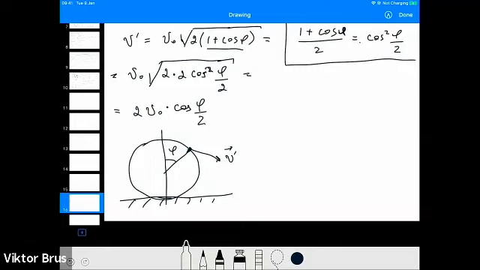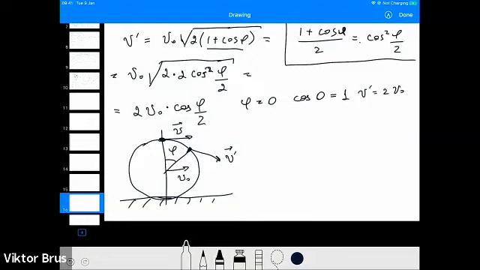If phi is equal to 0, cosinus of 0 gets its maximum value and is equal to unity. This is the case when this point on the wheel is on the top, its linear velocity is added to velocity of the spinning wheel. So we add these two velocities and it will be v prime equal to 2 v naught.